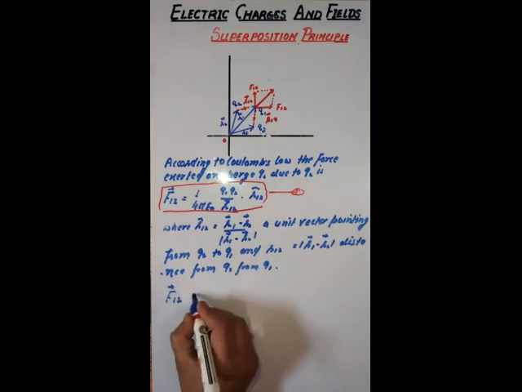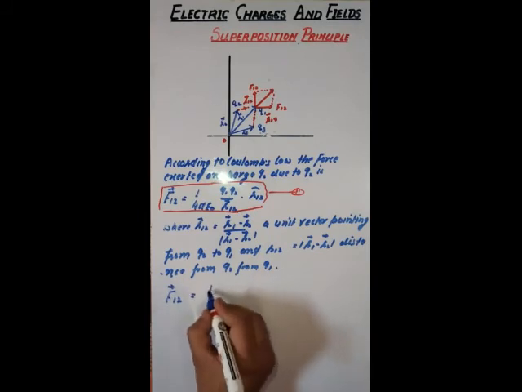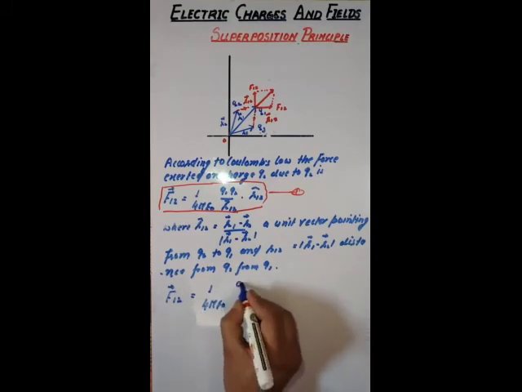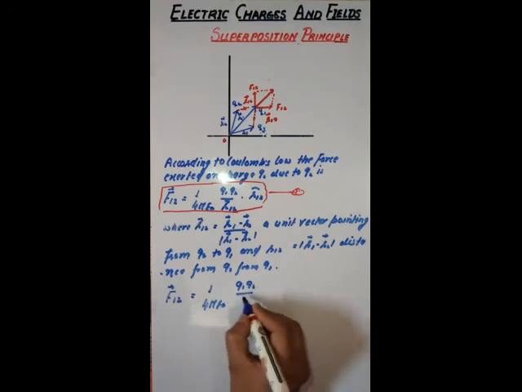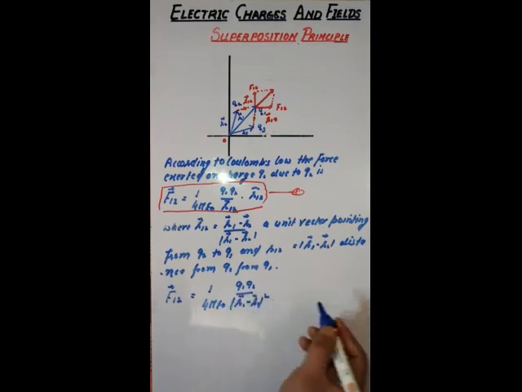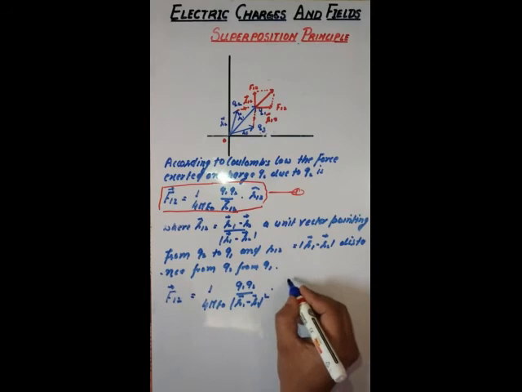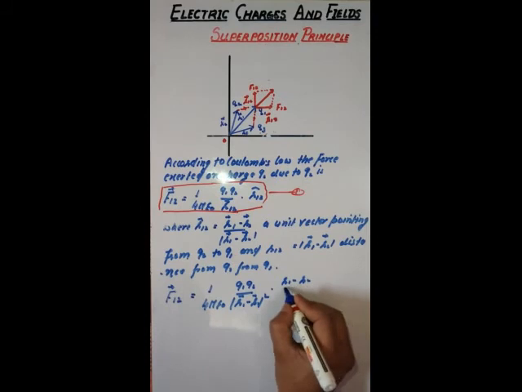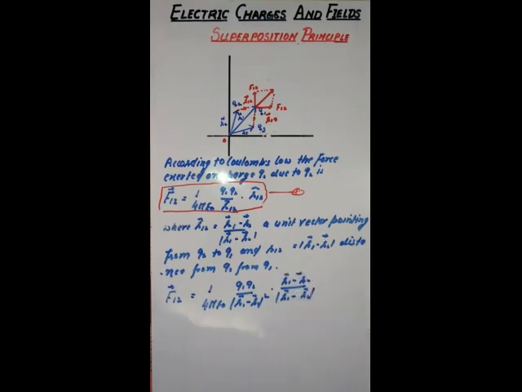F12 equals 1 upon 4 pi epsilon naught Q1 Q2 upon |R1 minus R2| square, multiplied by (R1 minus R2) upon |R1 minus R2|, the vector sign and the mod.